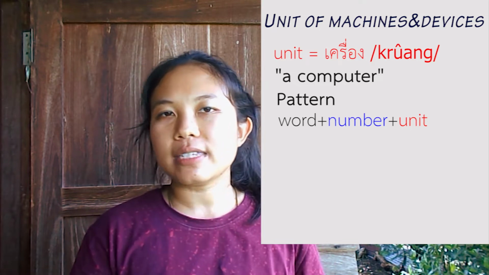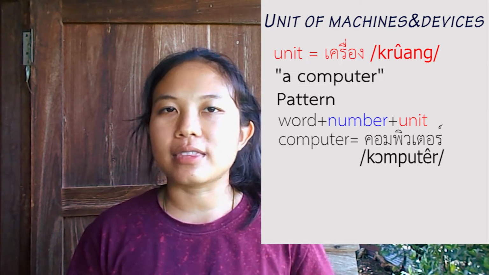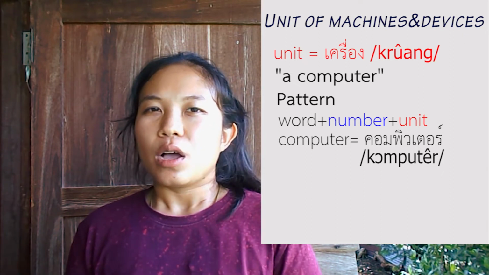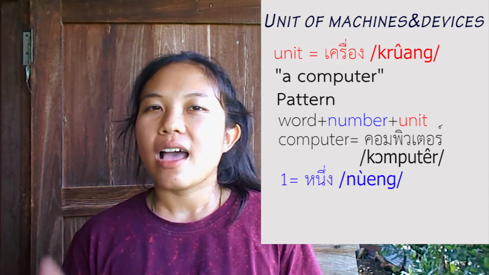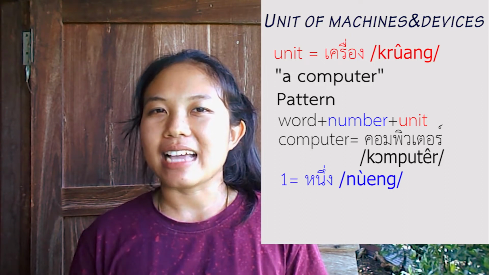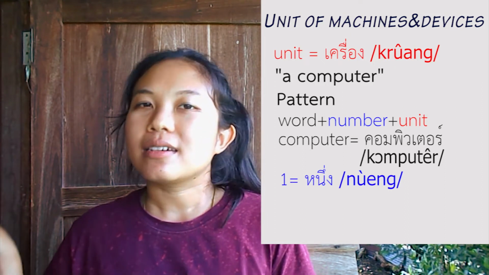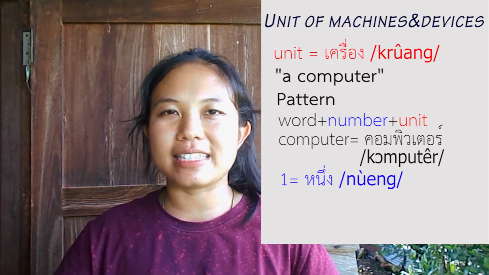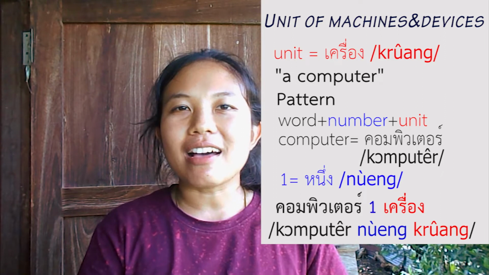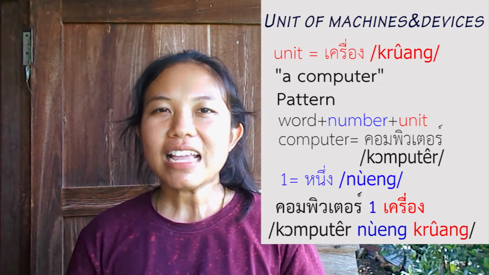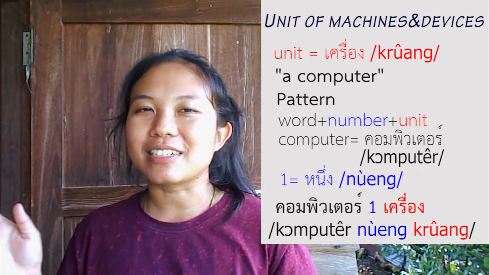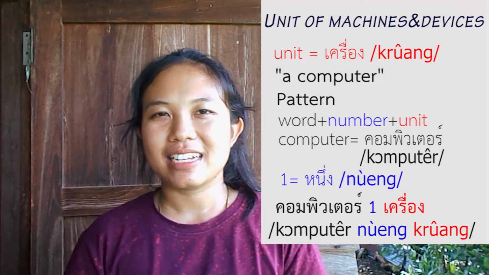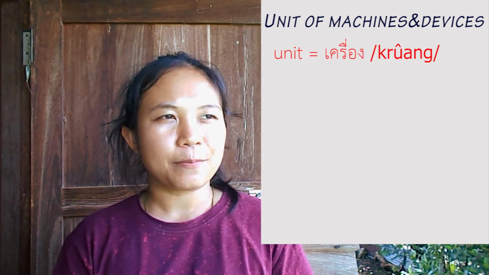So computer in Thai is คอมพิวเตอร์, and then the number 1 in Thai is 1 and the unit of computer is เครื่อง. And then we say it in the phrase: คอมพิวเตอร์ 1 เครื่อง.